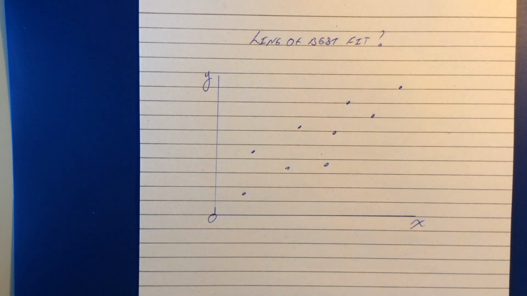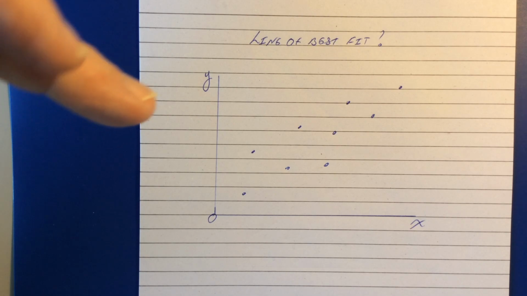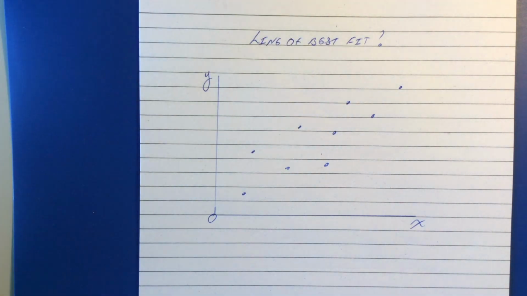I'm not going to get into the nuts and bolts of how you calculate such a line because there are a number of ways of doing that. They range from just casting your eye along the collection of data points and drawing a line that you think fits best, all the way up to calculations, which are usually done on a calculator, that give you a thing called a least squares regression line.